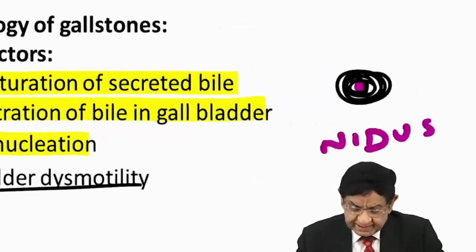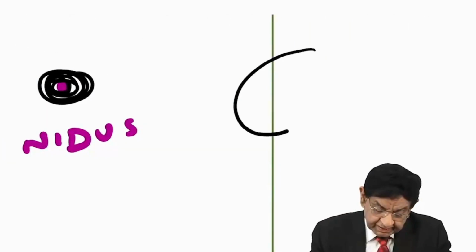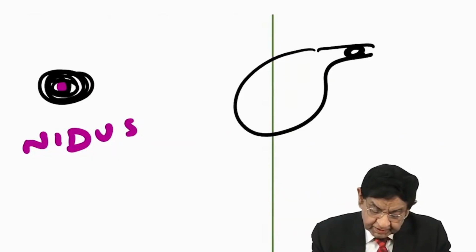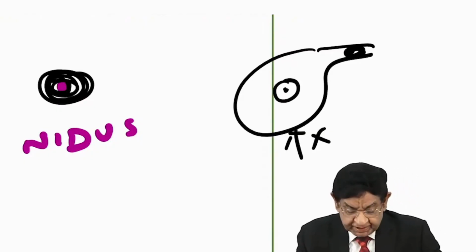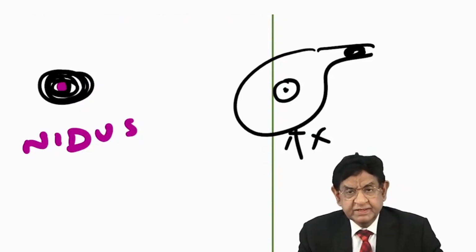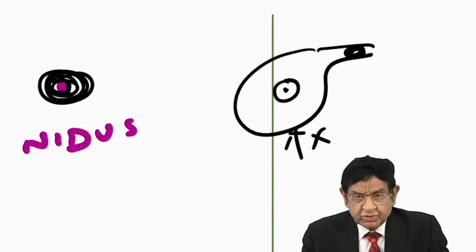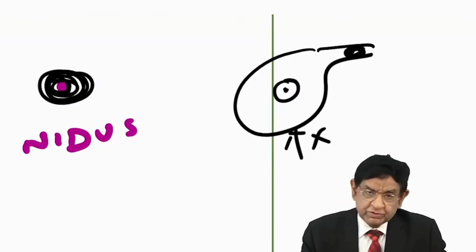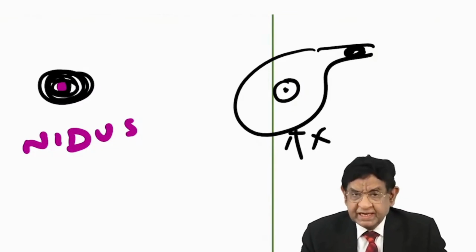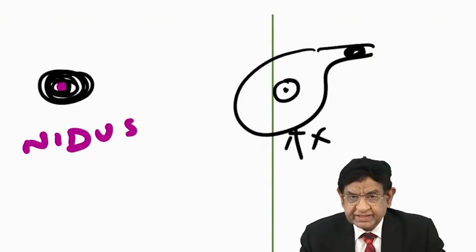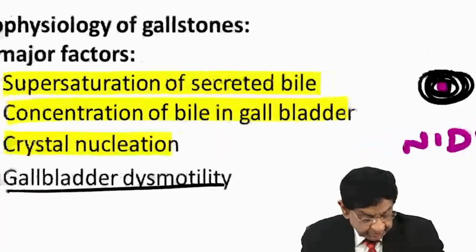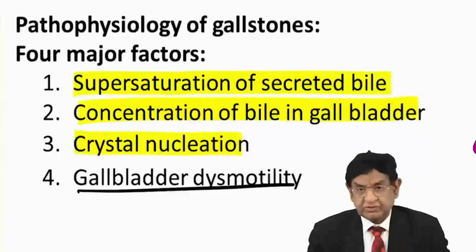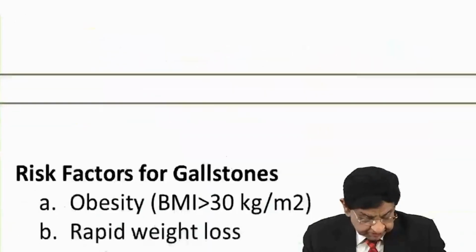Ultimately, the gallbladder is either blocked, or not contracting, or we have a nidus. So three things. Blockage will lead to increased concentration. This is how gallstones are likely to be made. Of course, there are so many predisposing conditions like hemolysis or any infection; they all predispose or make a nidus for stone formation. So I hope you are clear about the pathophysiology of gallstones.